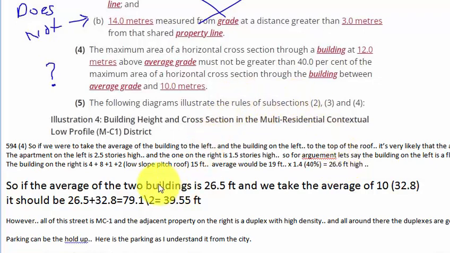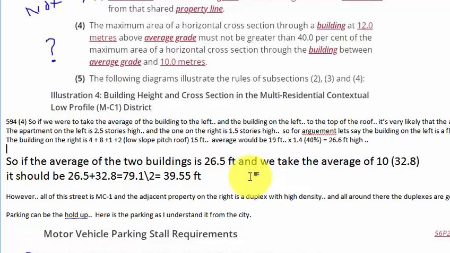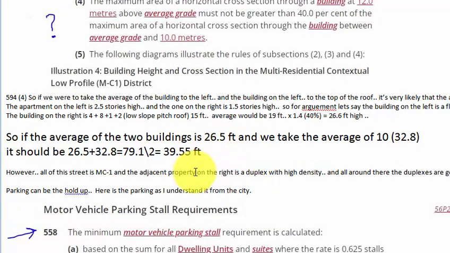And if they're taking an average between the 10 meters and the 26.6 feet, that means that 10 meters is 32.8. We end up with a 39.55 foot maximum for the building. As I read this, this must be clarified with the city as to what they mean there. So in this particular instance, that would leave room for at least 3 stories, I would suspect.